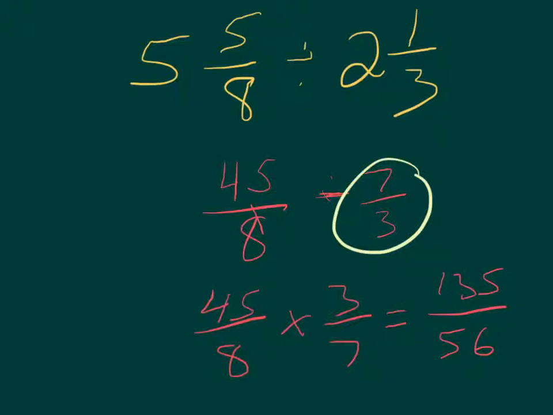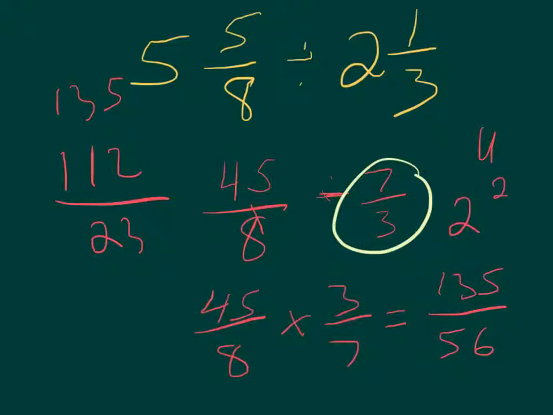And so we know that 2 times 56 is 112. Over here, 112. But you have 135. So subtract that, and you get 23 left over. So it goes in 2 times with 23 over 56 left over.